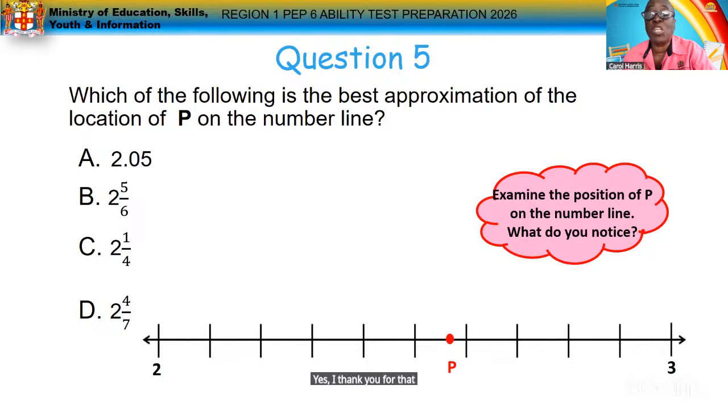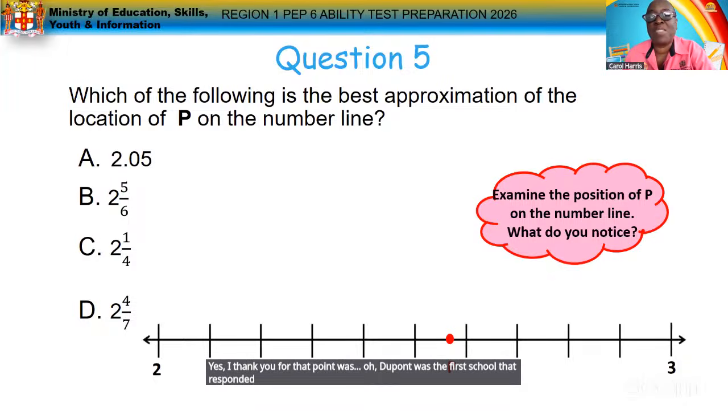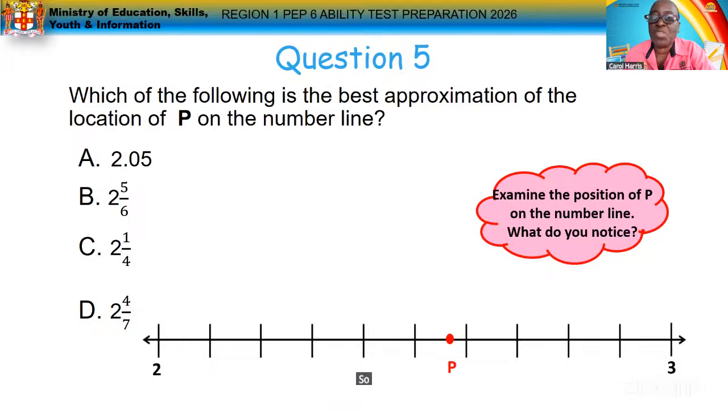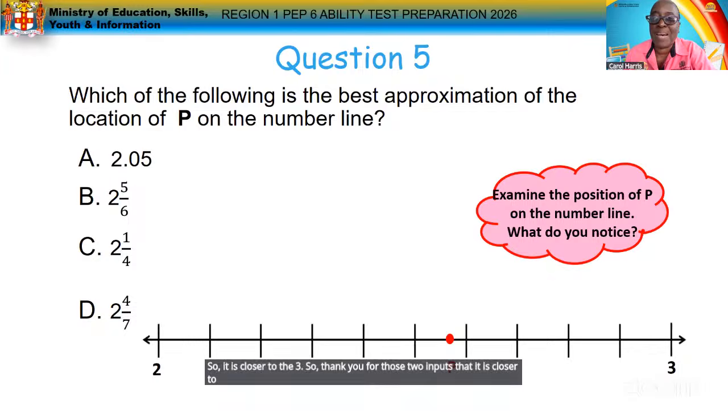DuPont was the first school that responded with that similar response, that it is more than halfway. So it is not half, it is more than halfway between the 2 and 3, but it is closer to the 3. So it is closer to the 3 than the 2. Thank you for those two inputs, that it is closer to the 3. It is past the halfway mark.